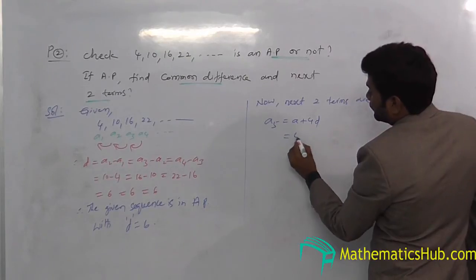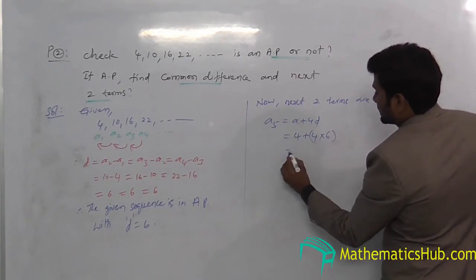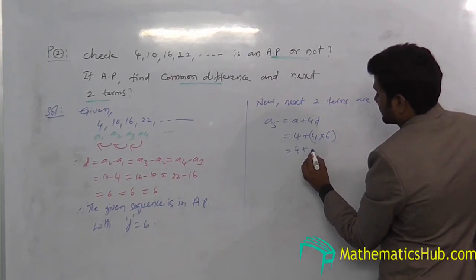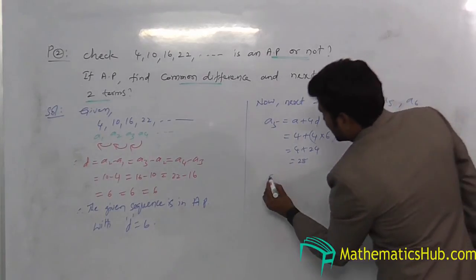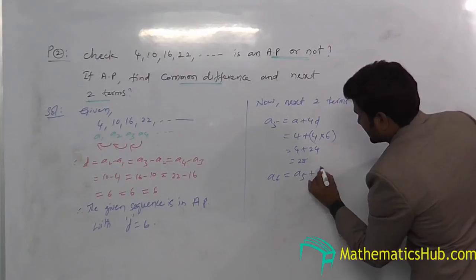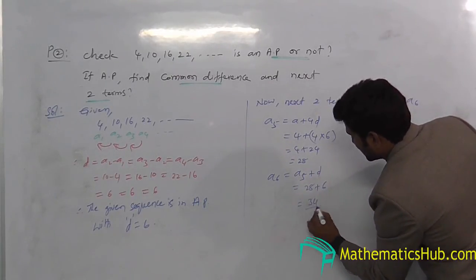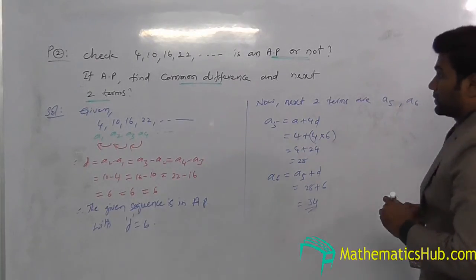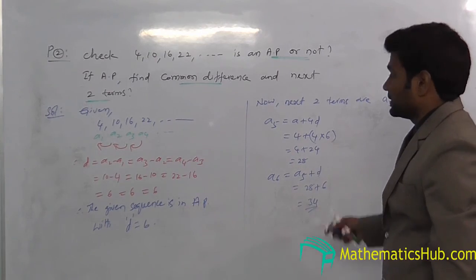What is A there? 4. So 4 plus 4 into, what is D there? 6. That is 4 plus 4 sixes are 24, that is 28. Then A6 is A5 plus D, 28 plus 6, that is 34. Therefore, the next two terms are 28 and 34.